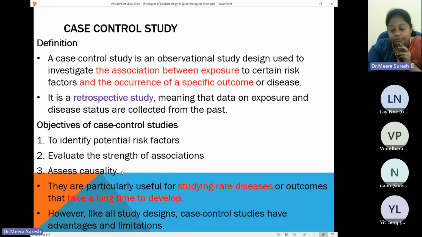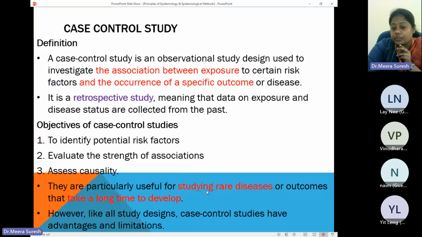Causality can be confirmed in the next study, cohort study, but not in case control. In case control, we get to know whether they are associated or not, whether it is the exact cause or not. We won't get that. Anyway, a somewhat relation we will get to know.